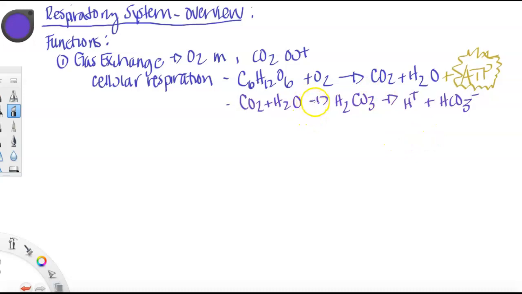So this is another way we can get rid of carbon dioxide, by manipulating the pH. If our pH is too high, we can convert all those hydrogens into carbonic acid. We can break that into water and CO2 and breathe it out. And that's how most of our pH is maintained, through that reaction there.